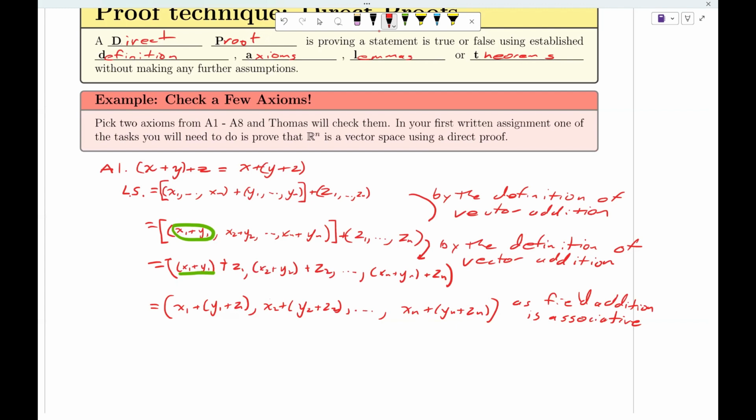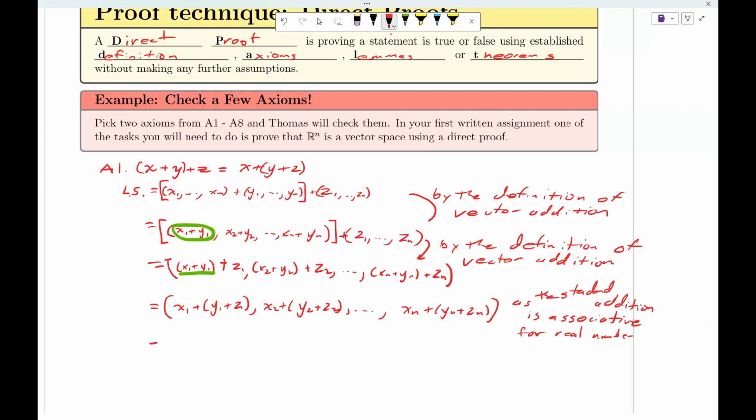Remember, we're assuming we're in Rn, so you could use the fact that standard addition for reals is associative, but this addition comes from the field, and because of that, it's associative. So for this example, it's probably more exact, instead of saying as field addition is associative, to say as the standard addition is associative over the real numbers.